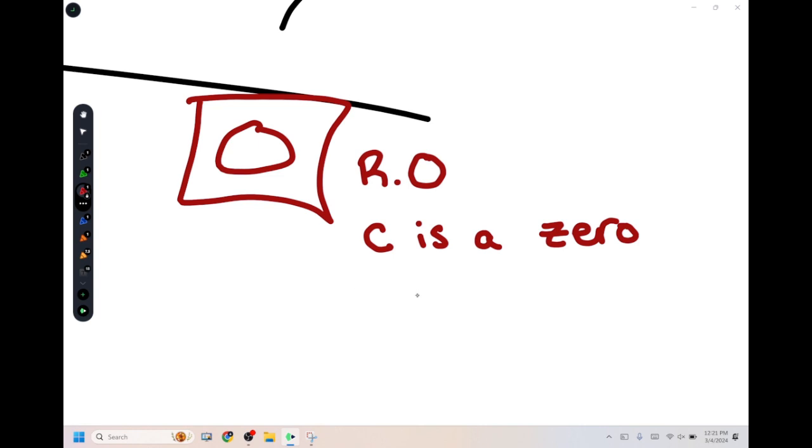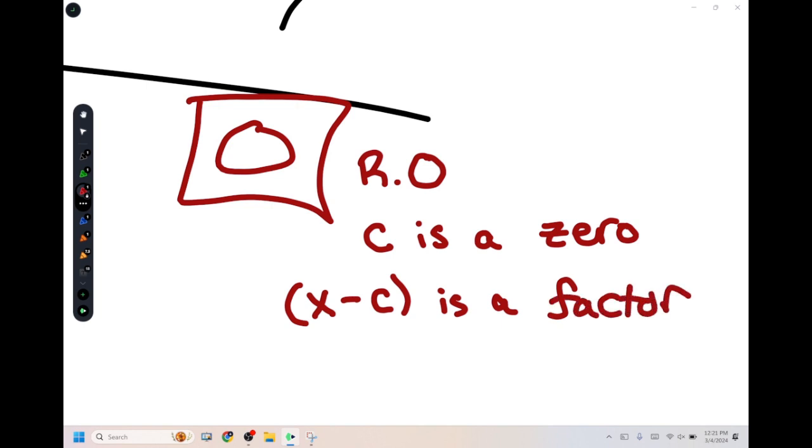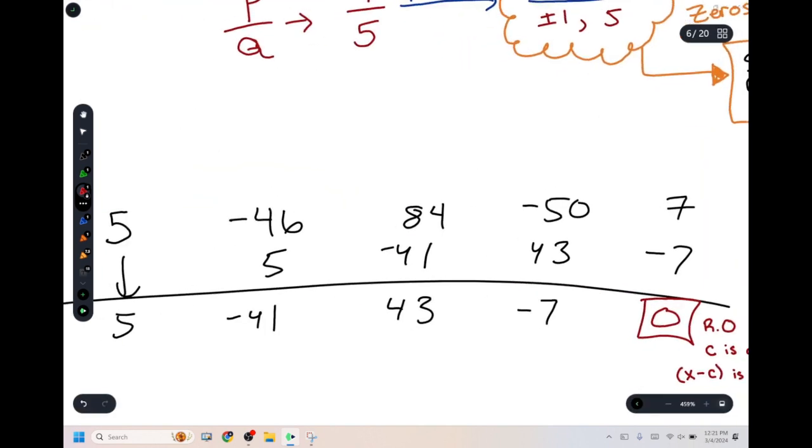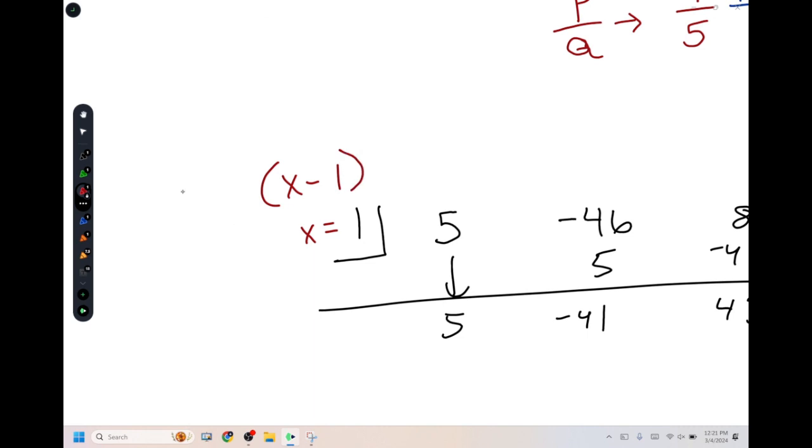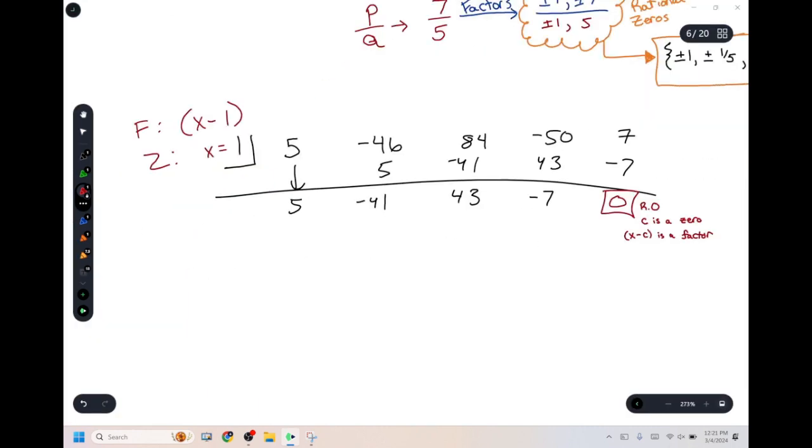Which means X minus C is a factor. I always do it down here because I can't see the thing. But then I'll go up here and say, what does that actually mean? That means that X equals 1 is a 0, and X minus 1 is a factor. Boom. Look at that. We're not doing too bad. Not too bad, not too bad.